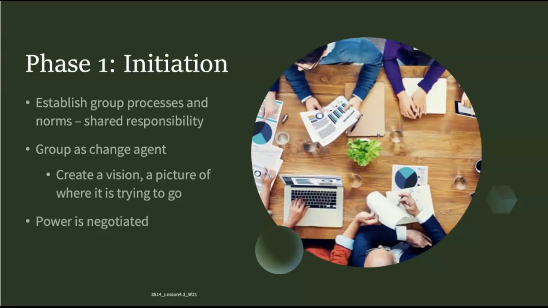In the context of continuing to build collaborative relationships, the group, acting as a change agent, begins to create a shared vision, a picture of where it is trying to go. What is the team's vision of what needs to be in place that is not there now? It asks such questions as: what do we want to see happen? What needs to be in place for us to feel or think that we have been successful? What will we take as evidence?